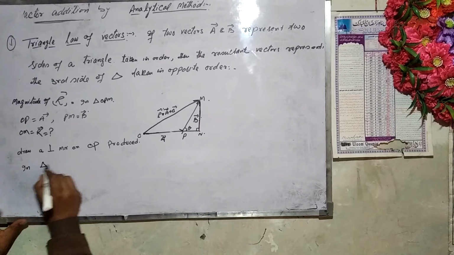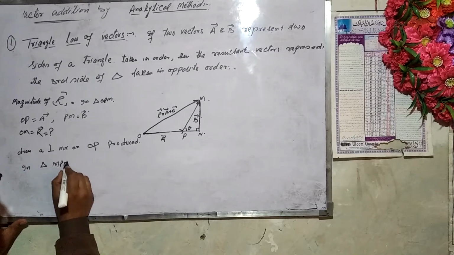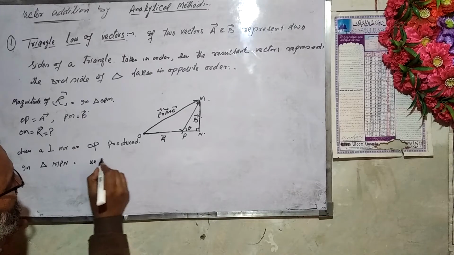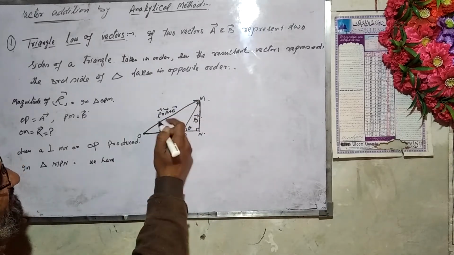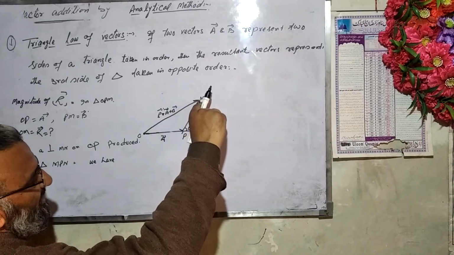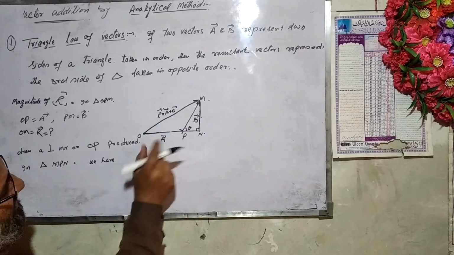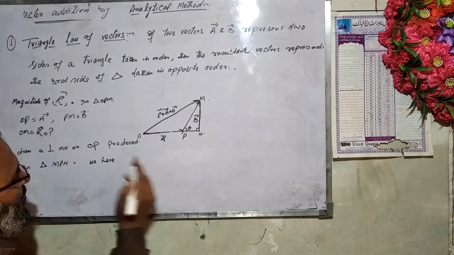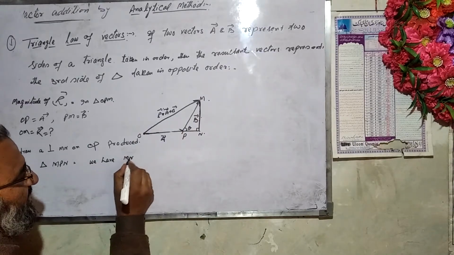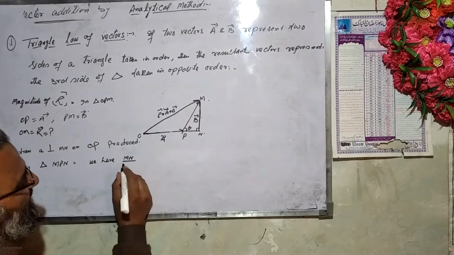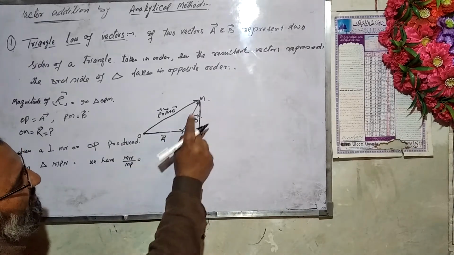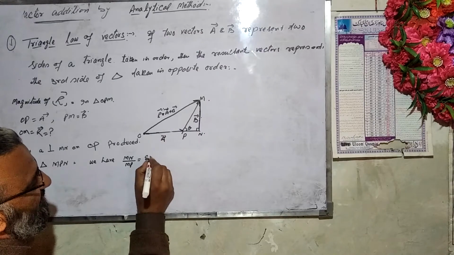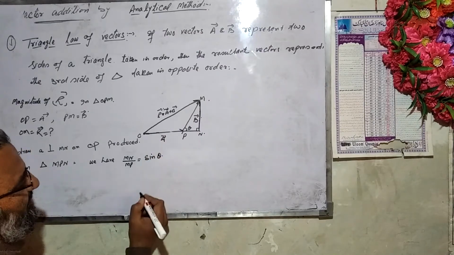Now take triangle MPN. In triangle MPN, we have, अब ये राइट एंगल ट्रायंगल से आर निकालने के लिए हमें इस साइड का पता होना चाहिए और इस साइड का पता होना चाहिए, दैट इज ON और MN. तो पहले हम लिखते हैं MN divided by MP, that is equal to perpendicular divided by hypotenuse, that is sine of theta.